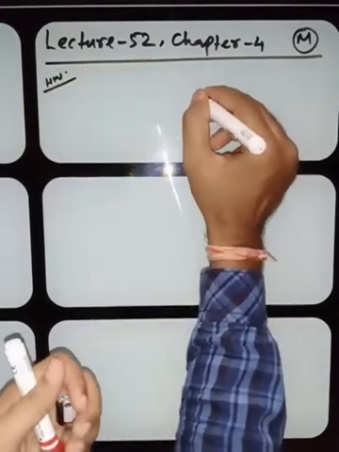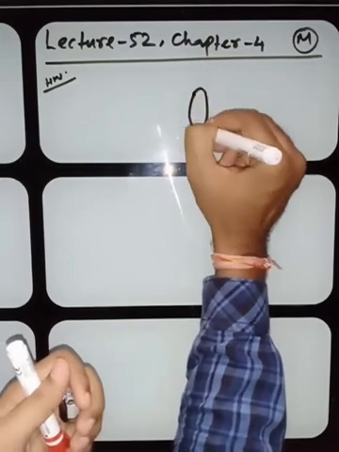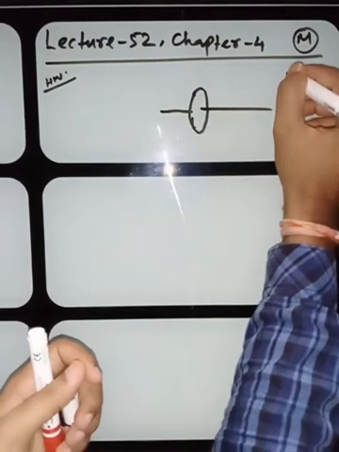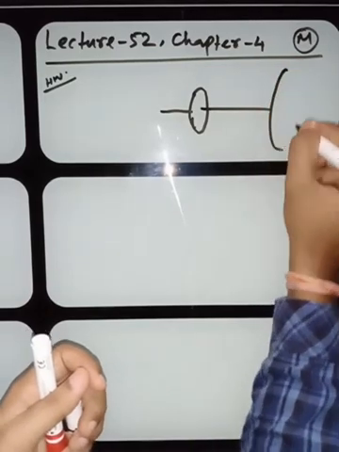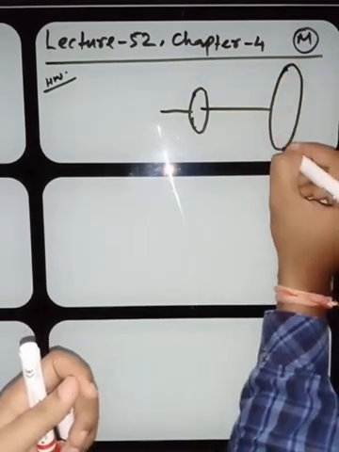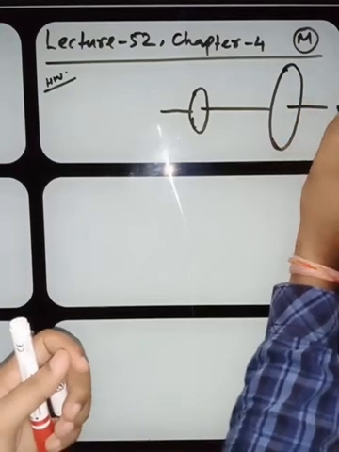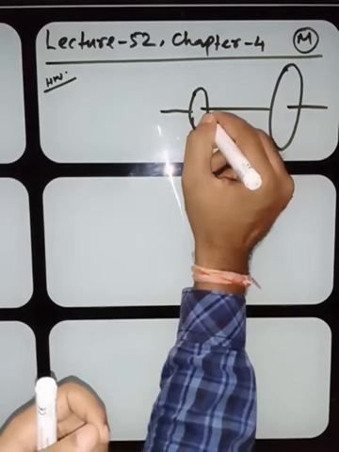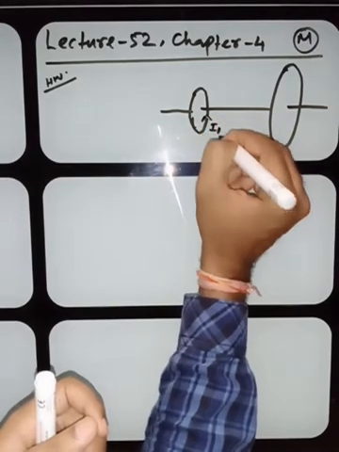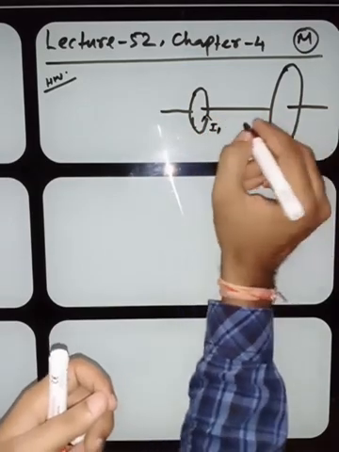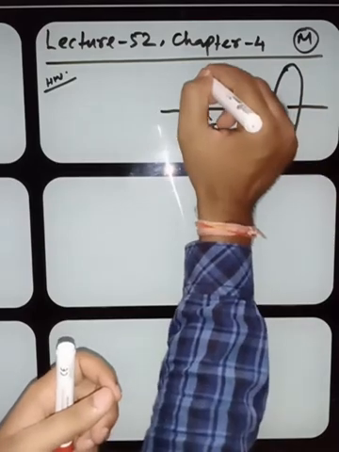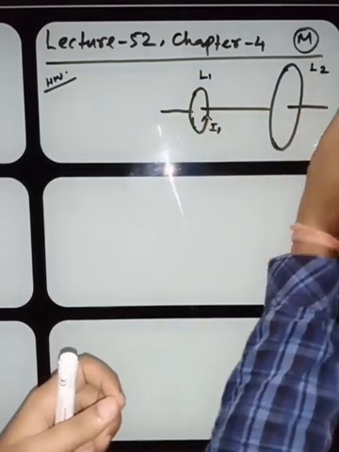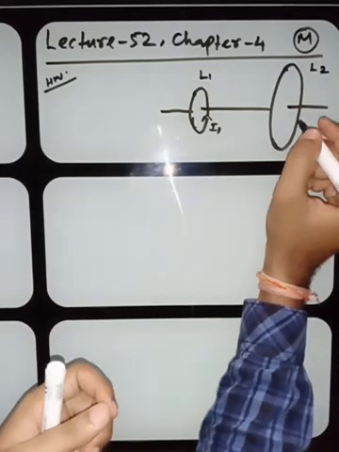This is one coil, and this is another coil, but of different radius. Through this coil the current is, suppose, I1. Loop L1, loop L2.